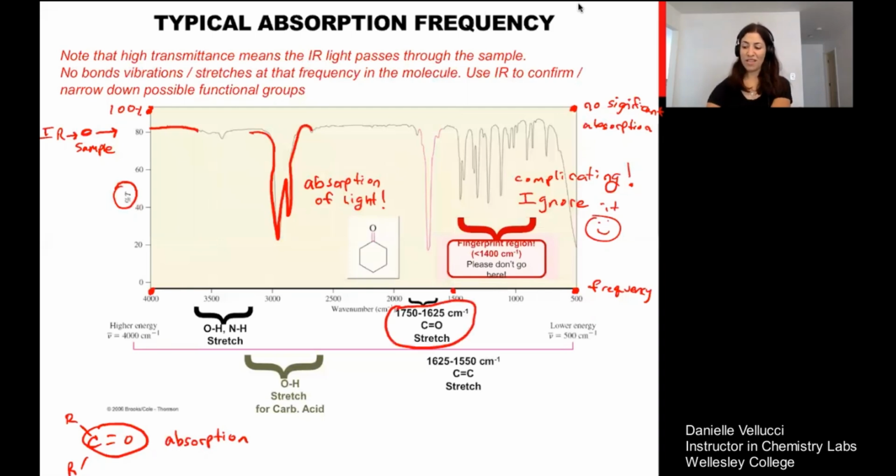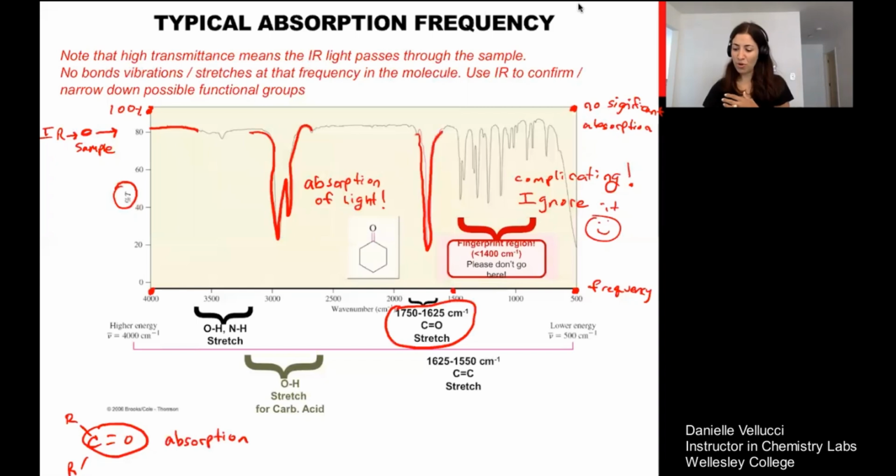So when I'm looking at an IR, I can say, oh, I thought I had an aldehyde or ketone, and now I see this absorption. That confirms for me the presence of that functional group, okay?